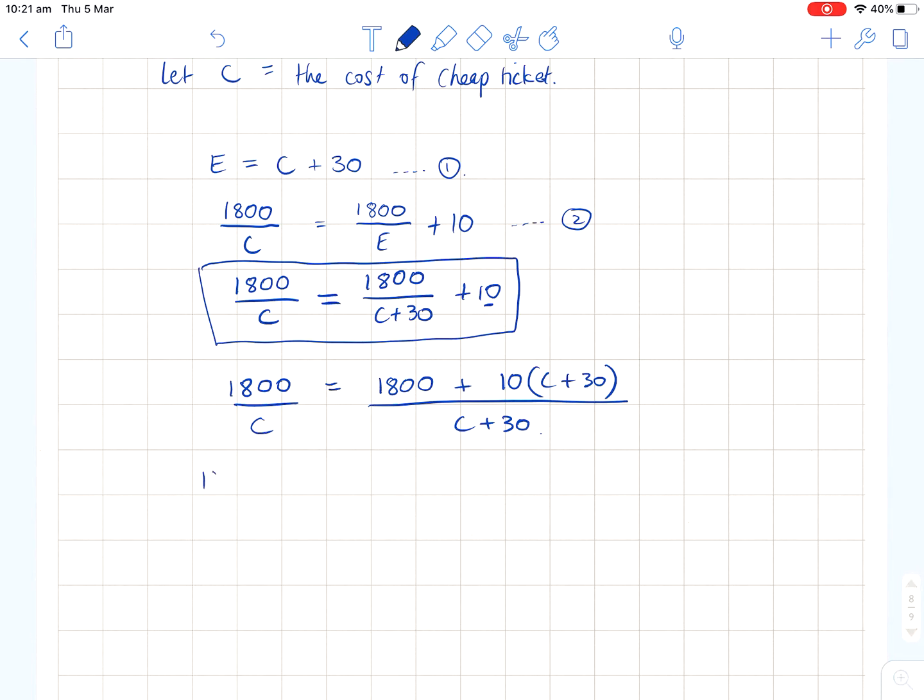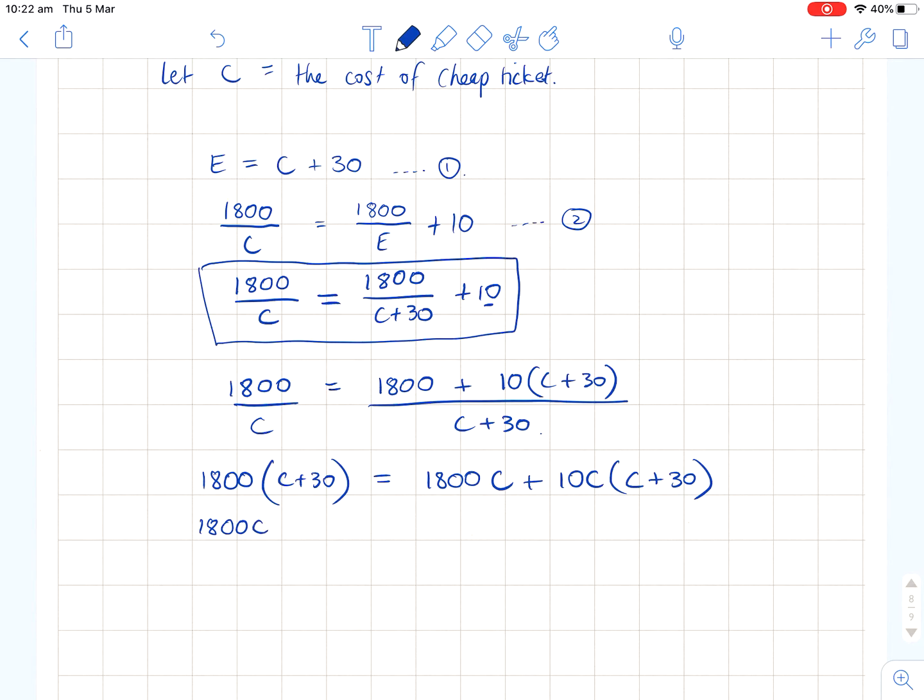I feel like there's got to be an easier way of doing this, but this is where I'm at. I've multiplied everything on the right hand side by C, and everything on the left hand side by C plus 30. That gets rid of the two denominators.